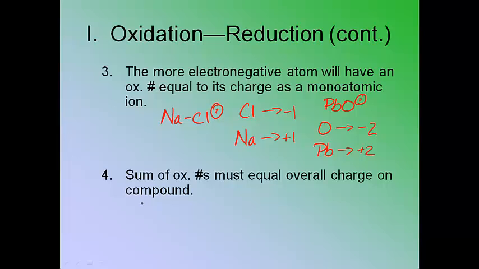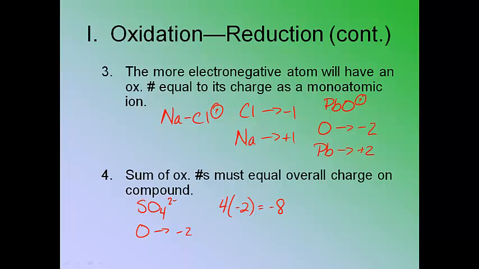For example, let's do something more complicated. Let's do sulfate. Now, some people are like, well, where did this -2 charge come from on the sulfate? Well, it comes from its oxidation numbers, how many leftover electrons it has. So I look at sulfur and oxygen and I say, okay, oxygen is the more electronegative atom, therefore the oxygen will be -2. Now, there are 4 oxygens in this compound, so that makes it 4 times -2, which would be -8.